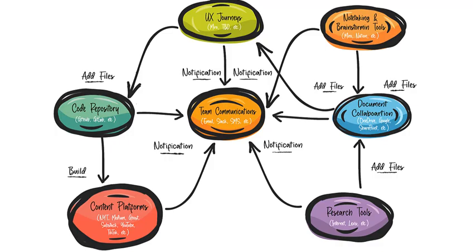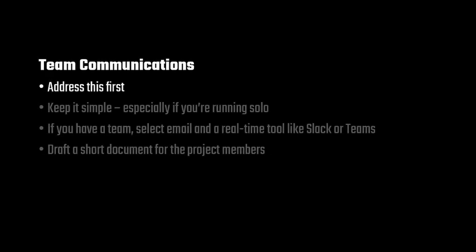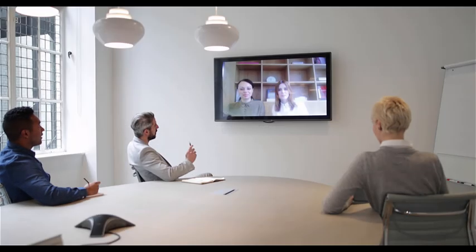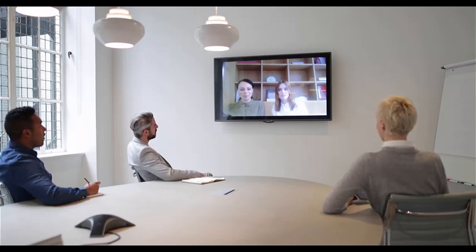Let's jump into each one of the elements of the process. Team communications should be the first item you address with your project. If it's just you, then it's picking an email or other channel to use to coordinate with your stakeholders or amongst your contacts and sources. However, if you have a team, then you'll want email and a more real-time tool like Slack or Teams.